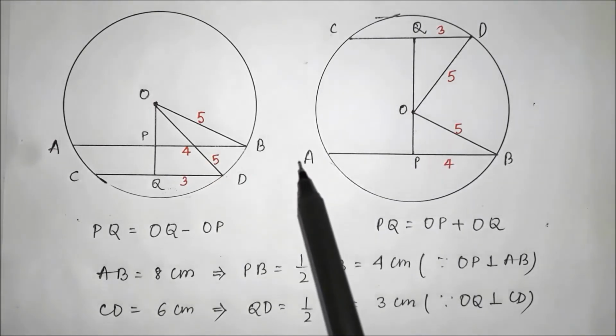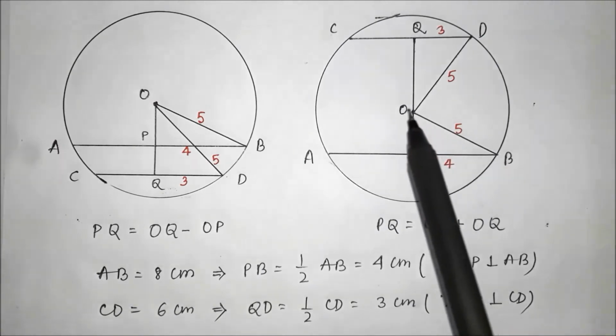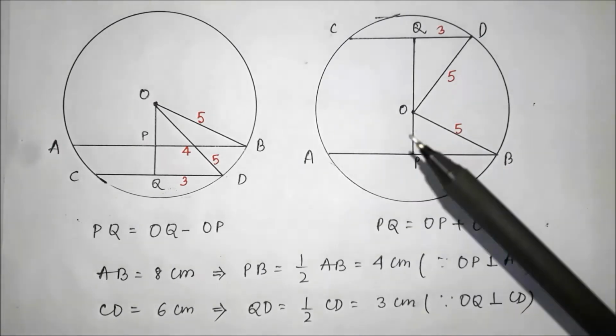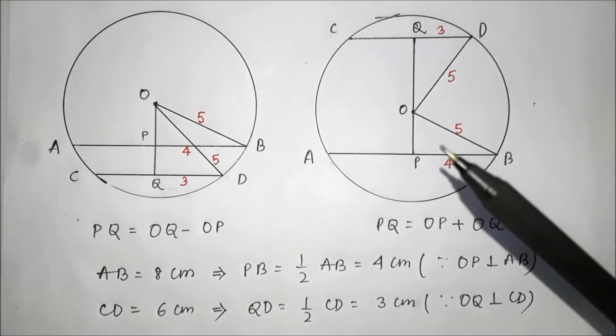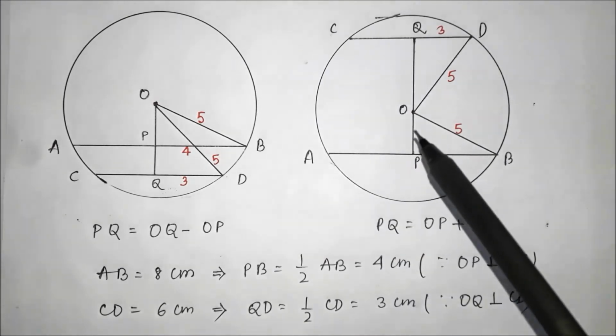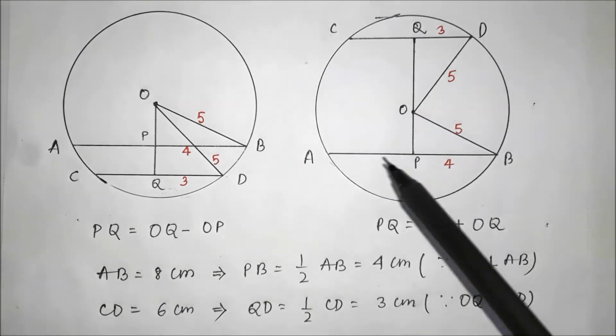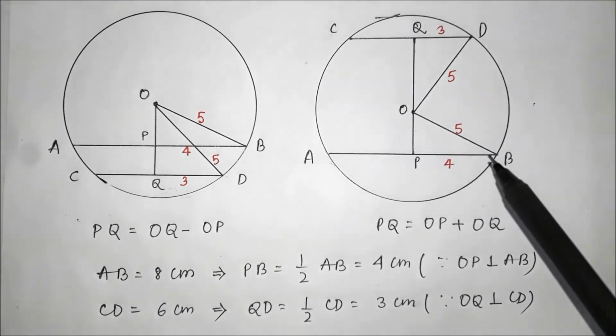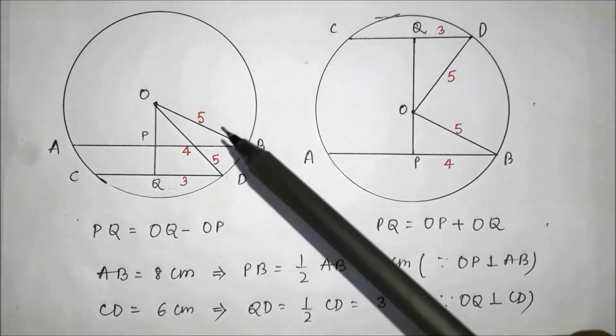Now look at this diagram, your naming should be the same, so you don't need to do the calculation two times. So AB chord, P is a point, OP perpendicular to AB, and we join OB. Same with the chord CD.